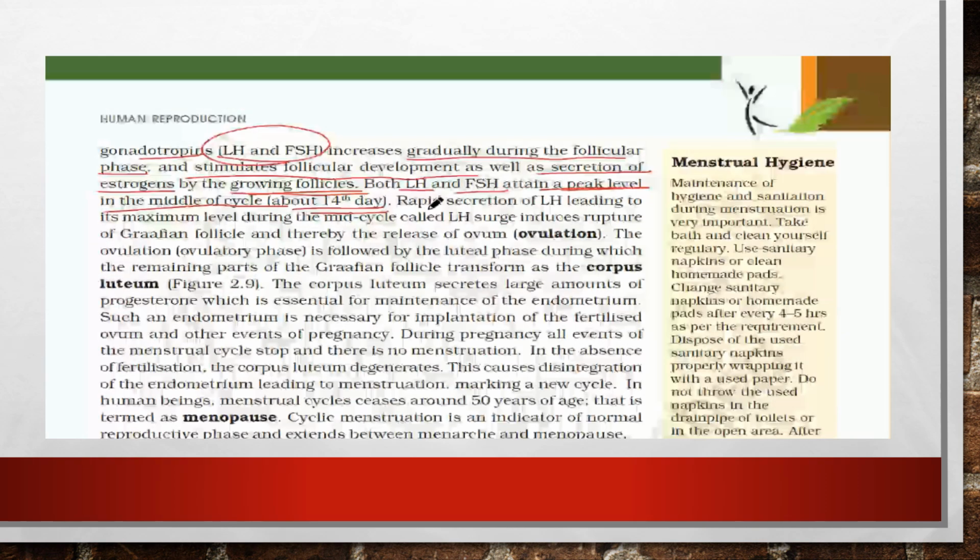The rapid secretion of LH, leading to the maximum level during the mid-cycle surge, induces the rupture of the Graafian follicle and thereby releases the ovum. So thus ovulation happened.